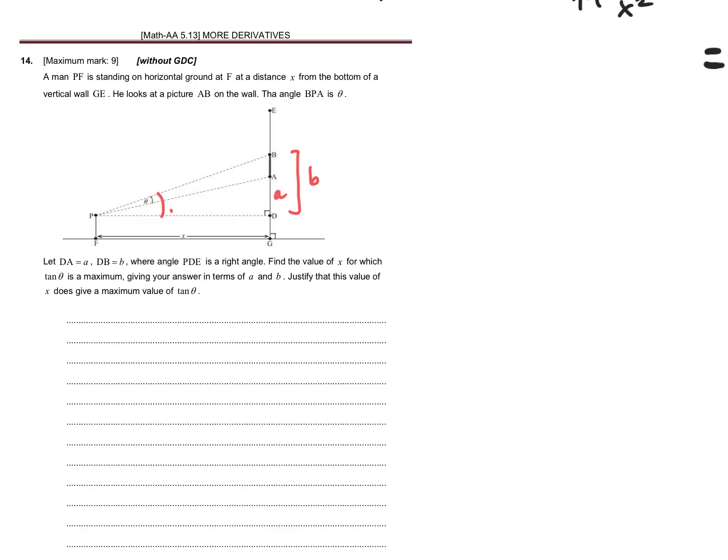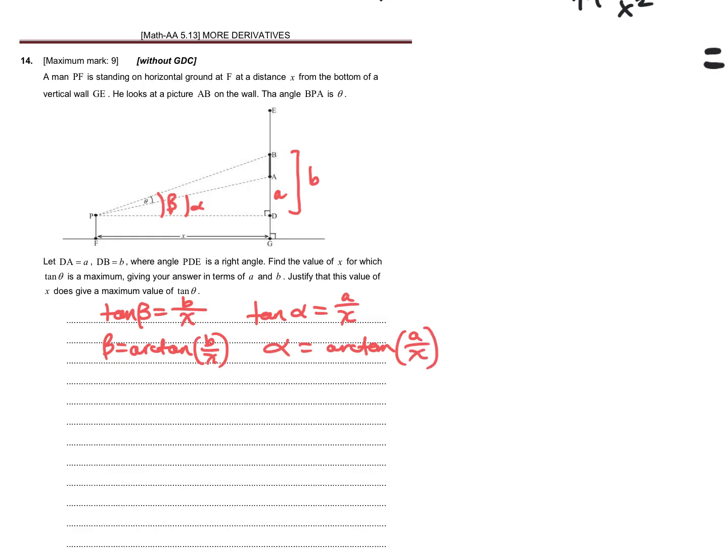No, this will be beta, and this will be alpha. Okay. So we have tangent beta is B over x. Tangent alpha is A over x, so that we have beta is arctan B over x, and alpha is arctan A over x.